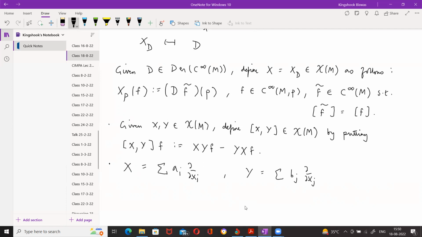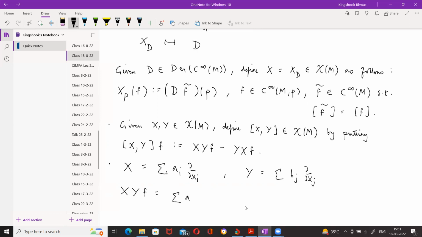X is nothing but a first order linear differential operator. A vector field is the same as a first order linear differential operator. And so the product of two vector fields, XY acting on f, will be a second order differential operator.